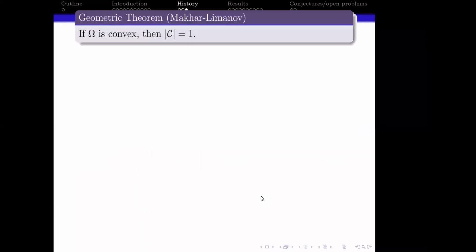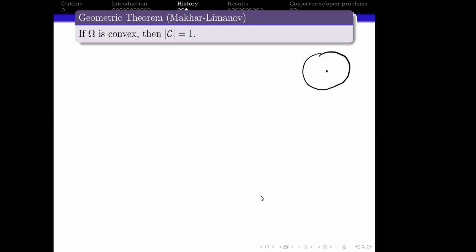Now we have seen that if it's simply connected, there are only finitely many critical points. Now there is a geometric part of the theorem: if the domain to start with is a bounded convex domain, then there is only one critical point. Just recall the initial example we did.